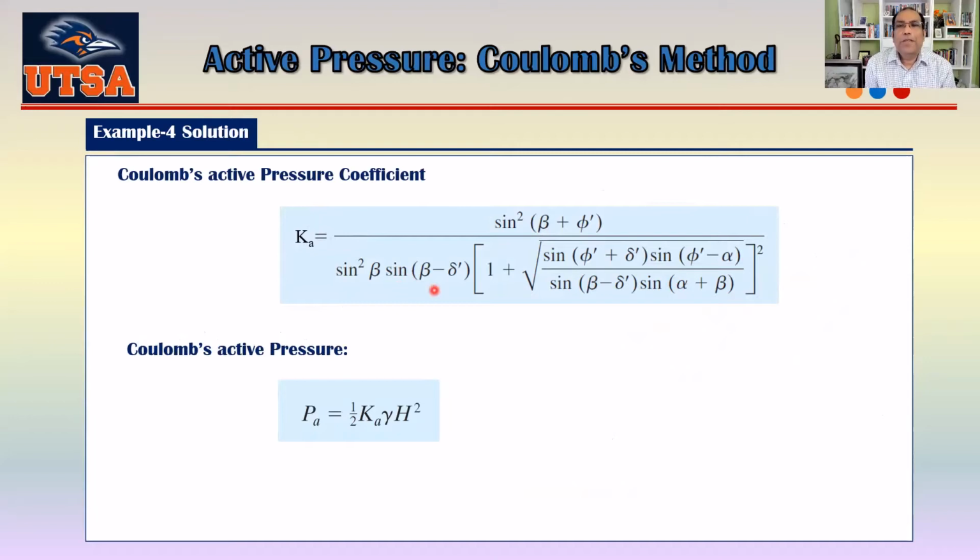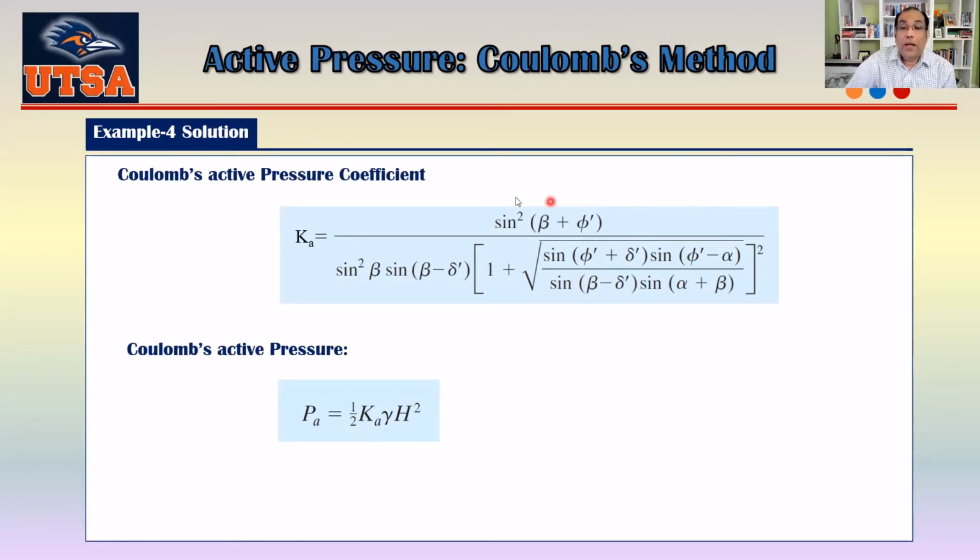So you can just change your values of beta, phi prime, alpha, and you will get your Ka from there. Once you get your Ka, then you can find out the force that's coming from that. Pa is half into Ka into gamma H squared, same as before.